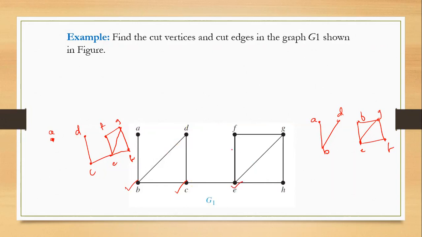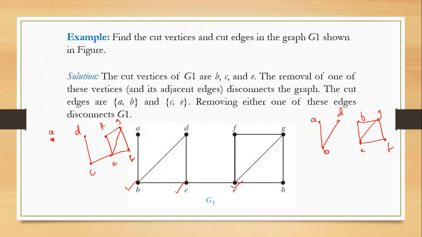So E is also a cut vertex, and you can verify that when I remove F, G and H, the graph will still remain the same. Now what about the cut edges? If the edge AB is removed, then I cannot reach the vertex A. So any edge if you remove, the entire graph will be disconnected.